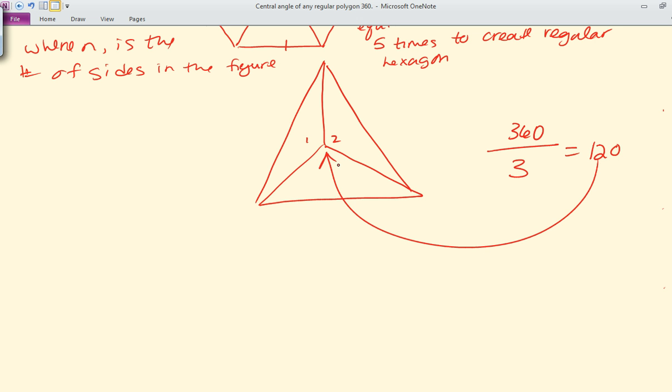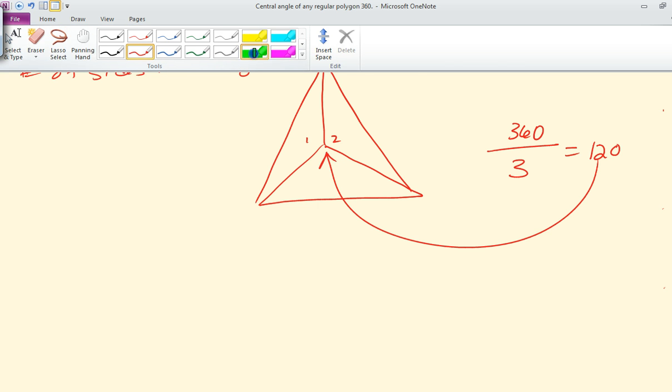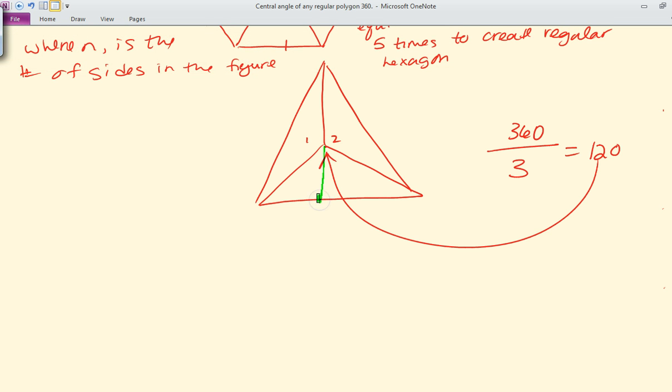You also used reflection symmetry to create the equilateral triangle by reflecting the 30, 60, 90 triangle. So you used reflection symmetry in several ways today, and you discovered rotational symmetry as well.